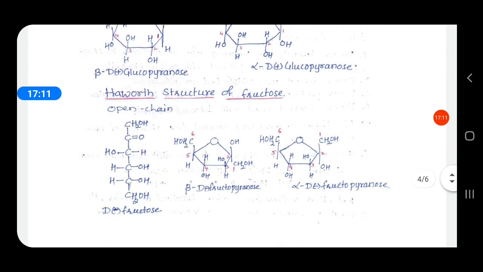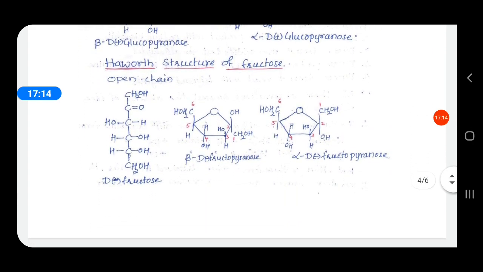Another one, the Haworth structure of fructose. So the open chain structure of fructose is D minus fructose. Minus means fructose is a levorotatory compound. This capital D stands again for the asymmetric carbon bearing the hydroxyl group, which is on the right side. This minus is written, that is levorotatory.